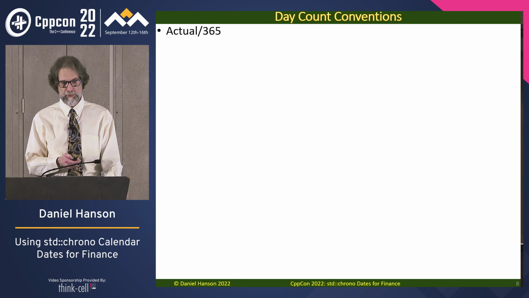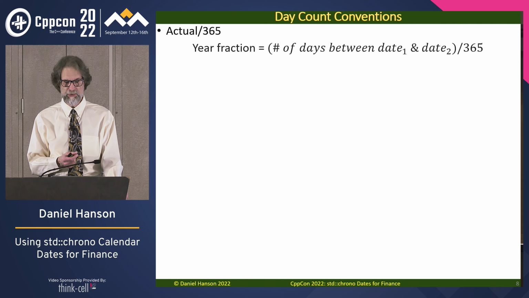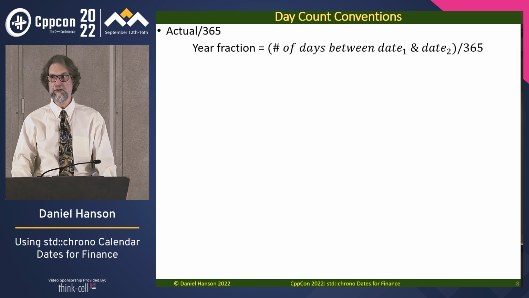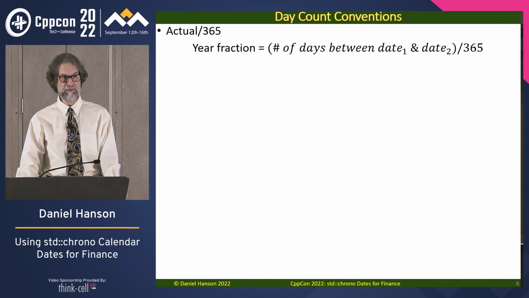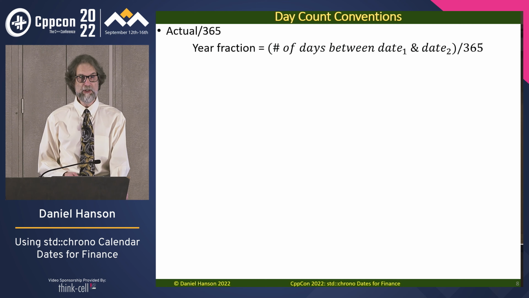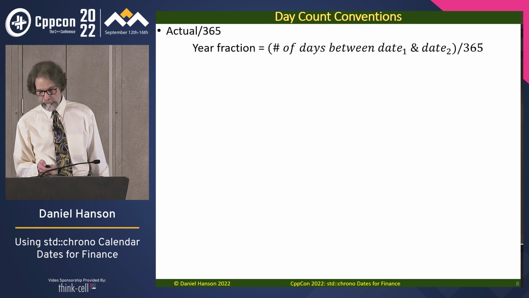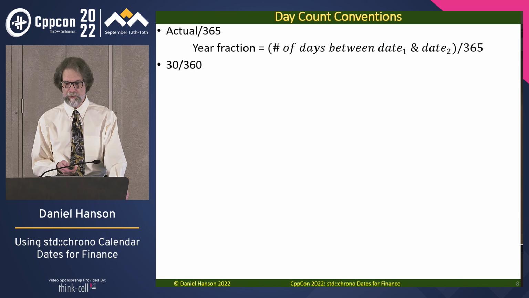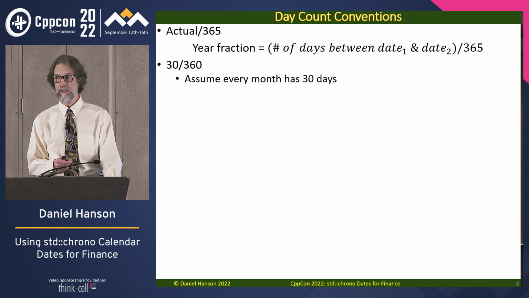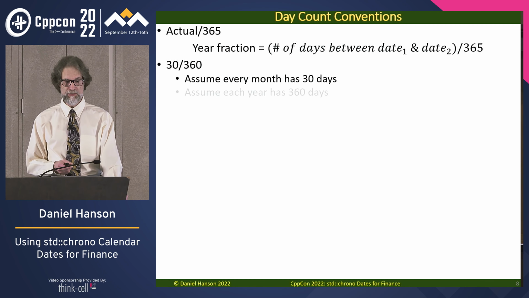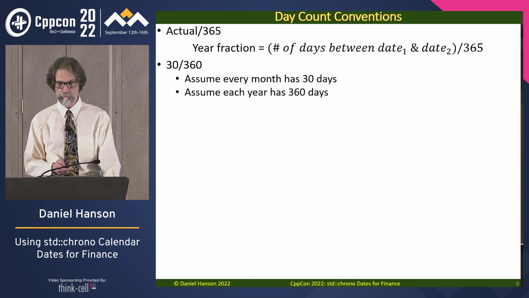Okay, so actual 365, this is pretty trivial. It just means you have two dates, date 1 and date 2. You take the difference between them in terms of days, so the number of days between them, and divide by 365. So it's trivial. 30 over 360 is a little bit more involved. What you do is you assume every month has 30 days and every year has 360 days.